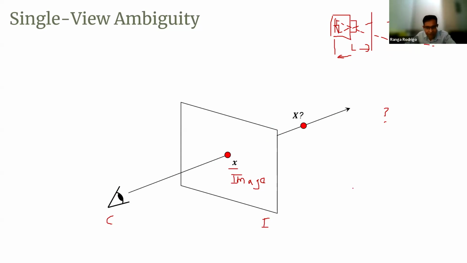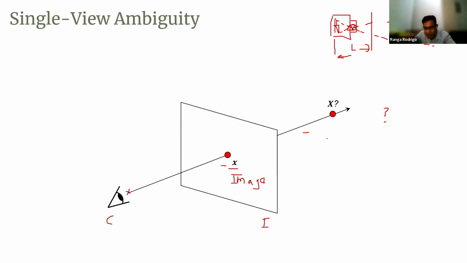So therefore, this object can be anywhere along the ray, because you can see it is a straight line. Anywhere along that straight line that joins this image point and the camera center. This is the camera center. It can be located here, there, or anywhere along that ray.